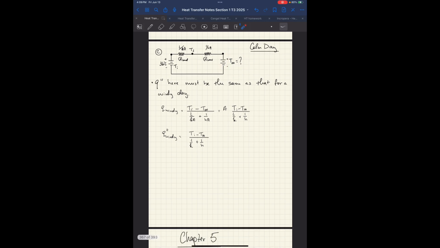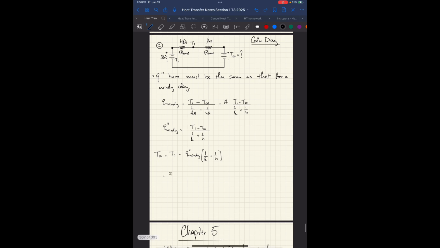So in a similar way, I'm just going to solve for T infinity. T infinity is going to be Ti minus Q double prime windy times L over K plus 1 over H. Ti is 36 degrees Celsius.